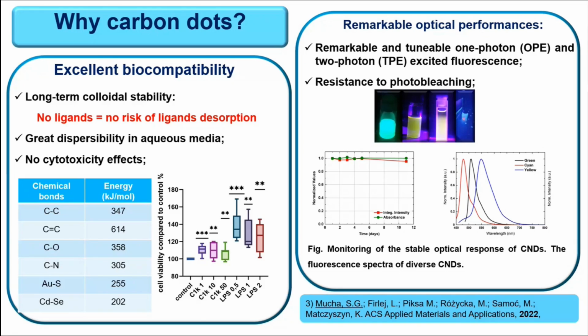They show long-term colloidal stability because basically they do not have ligands on site. Despite that, they can be dispersed in aqueous media, and as I said, they do not show a cytotoxic effect. Moreover, they can also be functionalized because of the bonds between the carbon and other atoms.